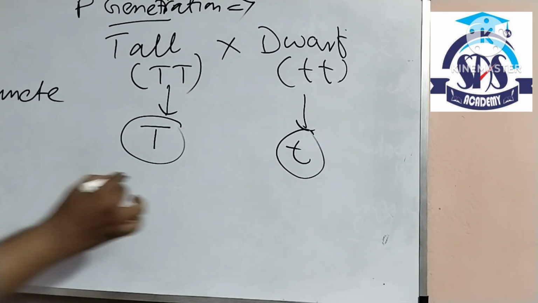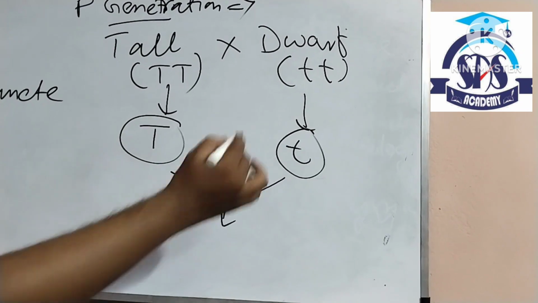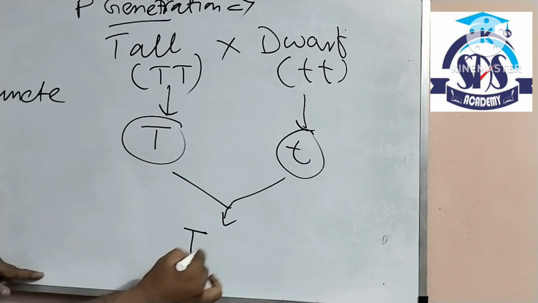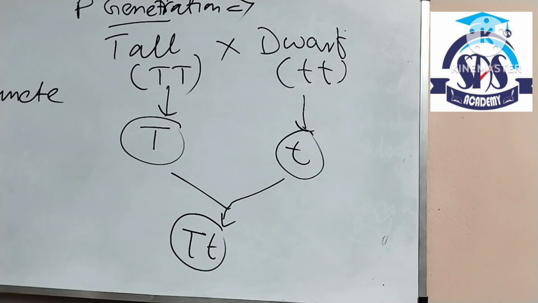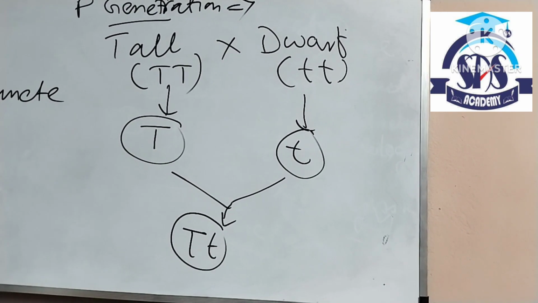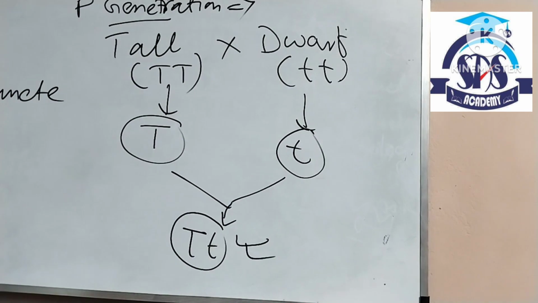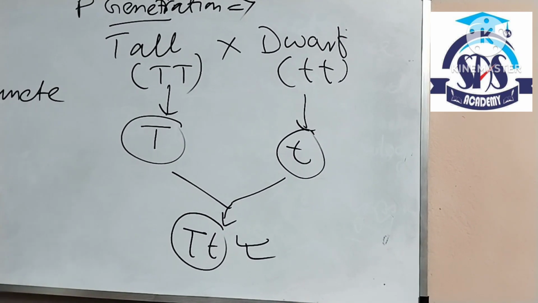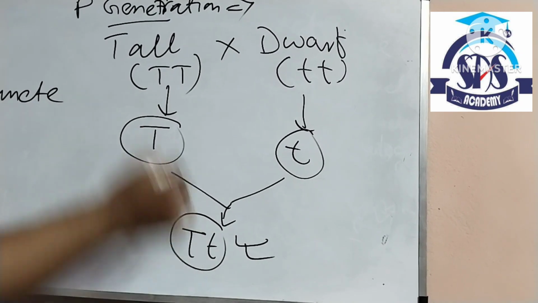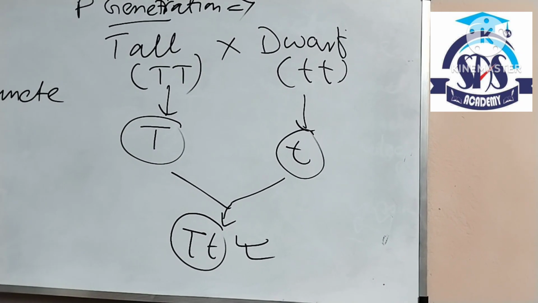These two gametes fuse in fertilization to form the zygote and ultimately the F1, first filial generation, is produced. These are morphologically tall, that is, phenotypically they are tall, but genotypically they are hybrid or heterozygous.